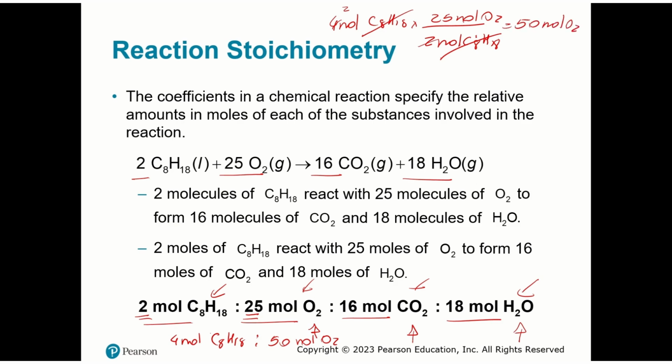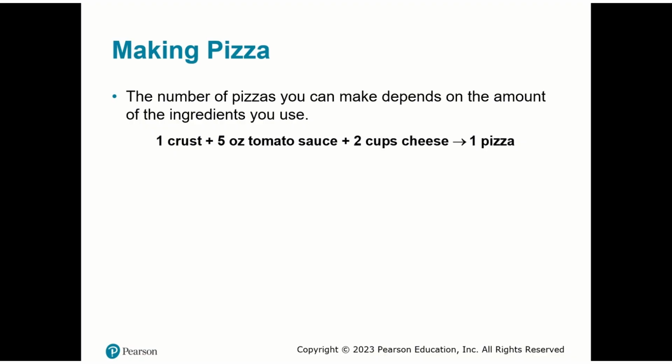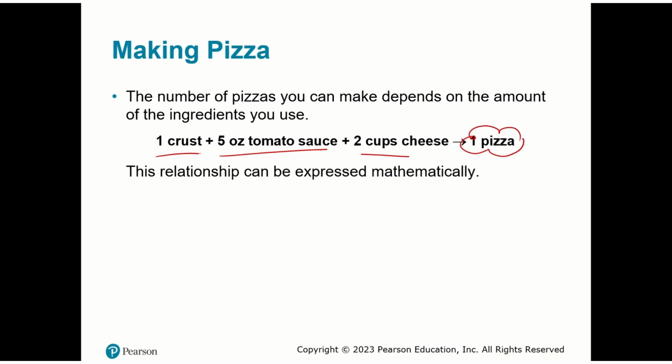Pretty easy, right? It's like making pizza. For example, if your recipe needs 2 cups of cheese per pizza, 5 ounces of tomato sauce, and 1 crust to produce 1 pizza, this relationship can be expressed mathematically: 1 crust per 5 ounces of sauce per 2 cups of cheese per 1 pizza.